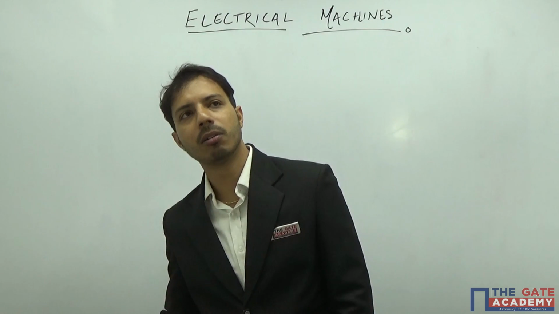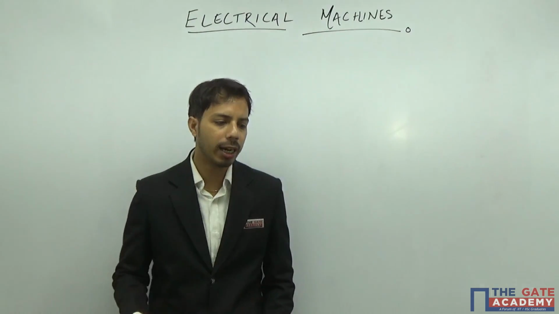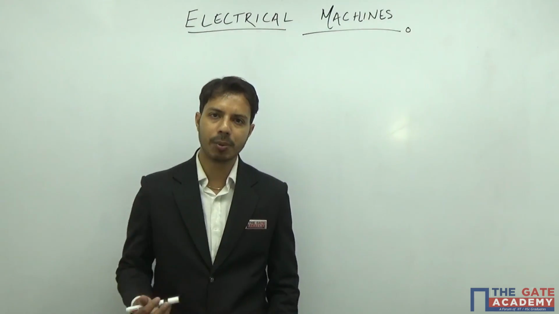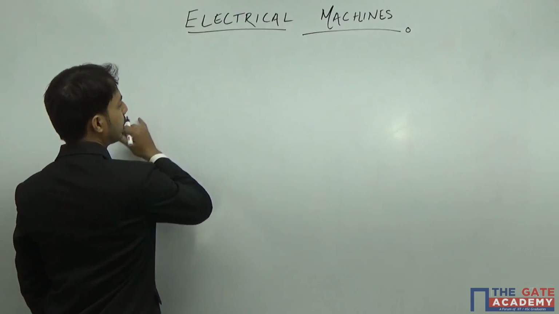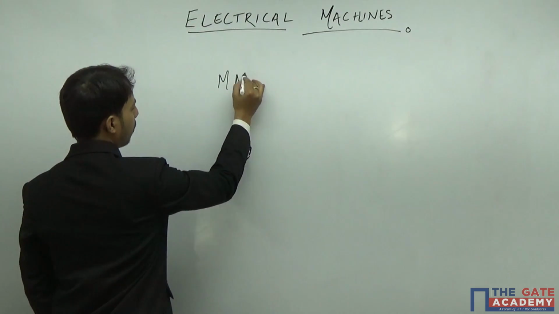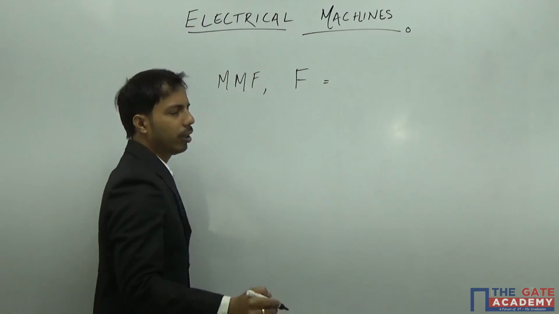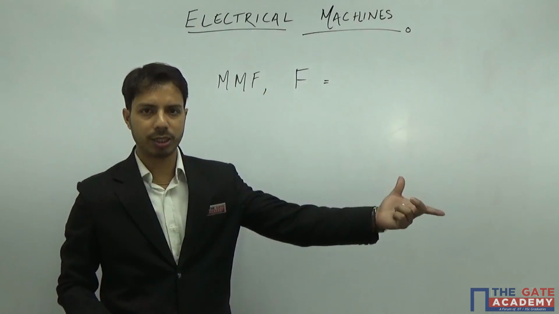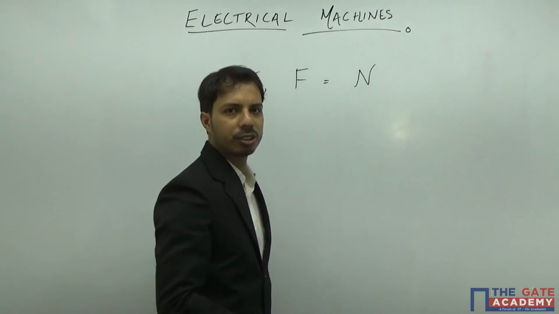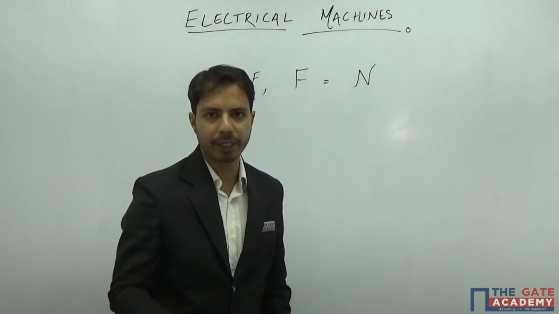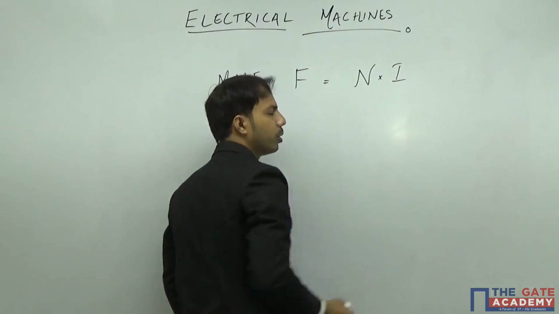Now in an electric field, we know that current flows due to EMF or electromotive force. Similarly, we can relate this analogy here. That means MMF can be written as F. Due to this, we have flux, and it is given by the number of turns of a coil, if it is generated in a coil, into the current flowing through the coil.